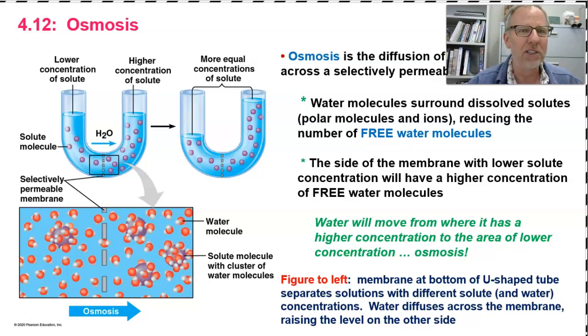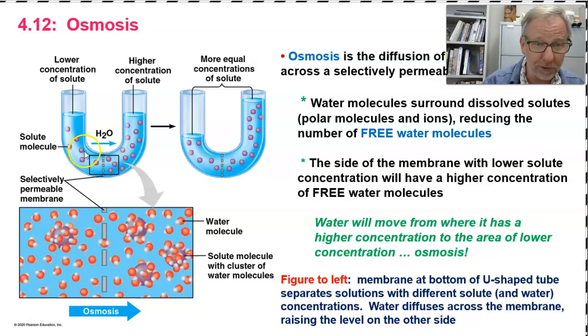So what it's showing you is that if you have a higher concentration of solutes on one side of this membrane, so look in the upper left of this figure, there's more purple circles on this side than there are on this other side, then that means there's going to be fewer water molecules that are freely moving around on this right side compared to the left side.